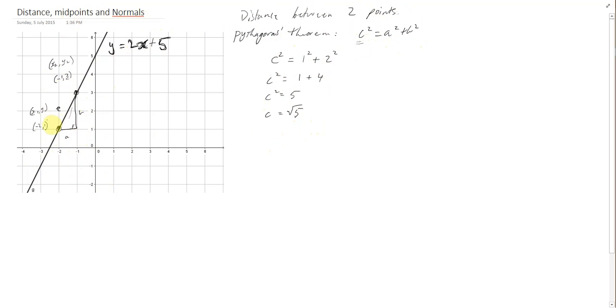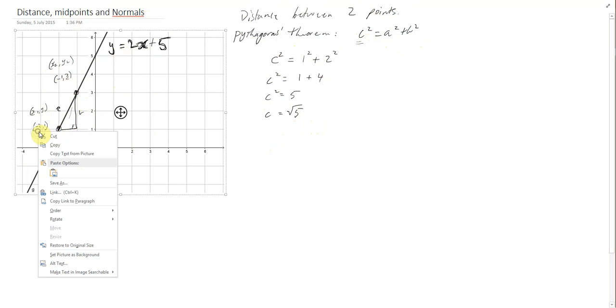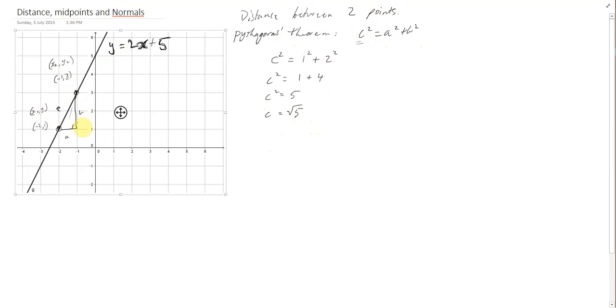It's minus 1, take away minus 2. So if we wrote these down, we could say that our b here is actually y2 minus y1, and our a is actually x2 minus x1.